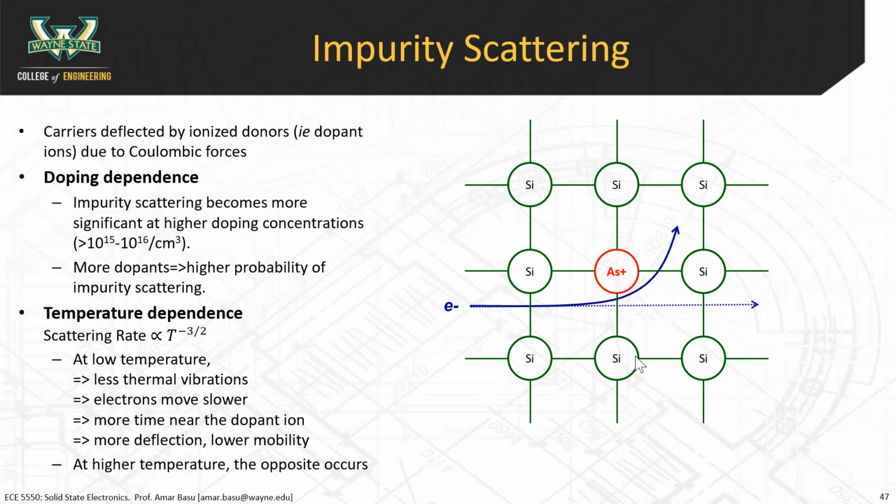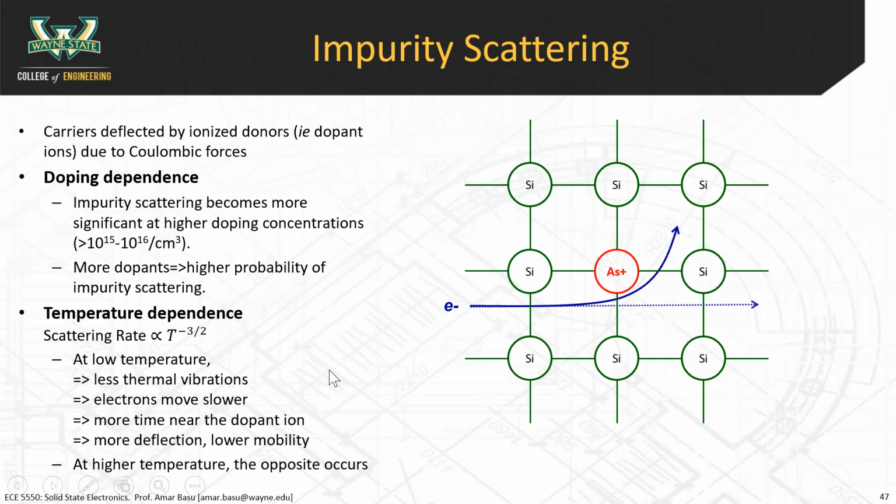There's also a temperature dependence of impurity scattering. At low temperatures, there are fewer thermal vibrations and the electrons move slower, so they spend more time near the dopant ion. This results in more deflection. This is the satellite analogy I was telling you about: if the satellite is moving really slow, it gets more deflected by the planet's gravitational field, and if it's moving very fast, it gets less deflected.